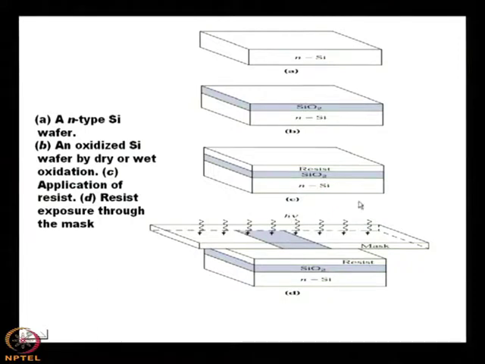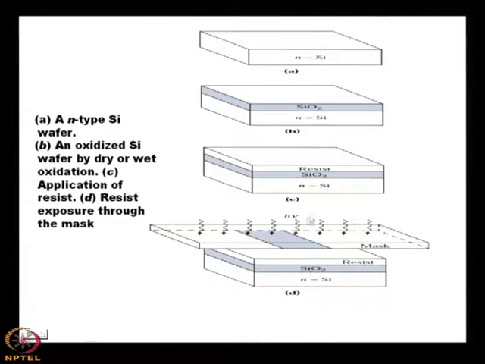Depending on the nature of the photoresist, because photoresist is an ultraviolet sensitive polymer, ultraviolet sensitive chemical, when ultraviolet light falls on it, only on the window region it will be in direct contact with the photoresist. On the other parts, the ultraviolet light will be blocked.